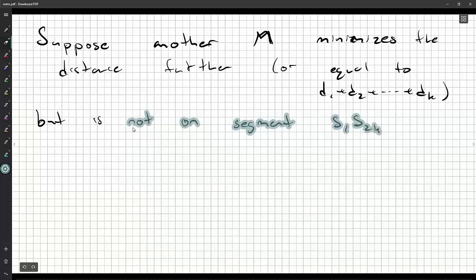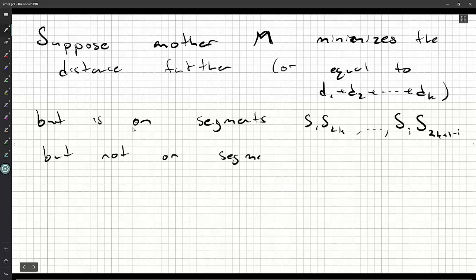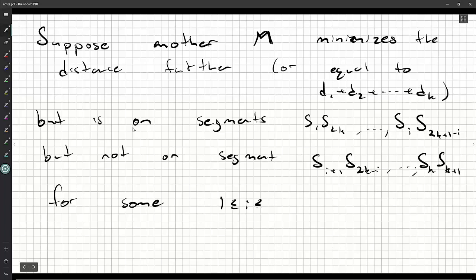Let's say M is on segments S1 S2K, all the way up to S_I S_2K+1-I, but is not on segment S_I+1 S_2K-I all the way up to S_K S_K+1, for some I in between these values.